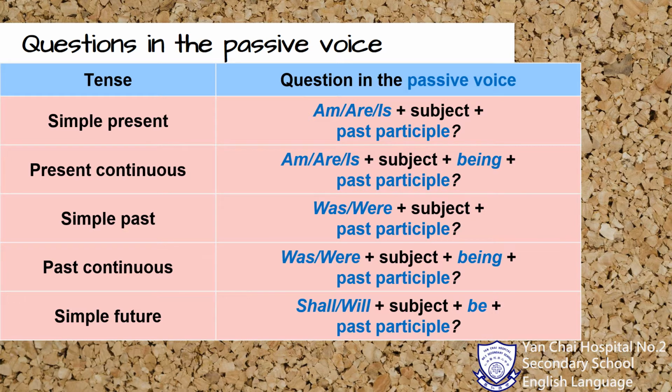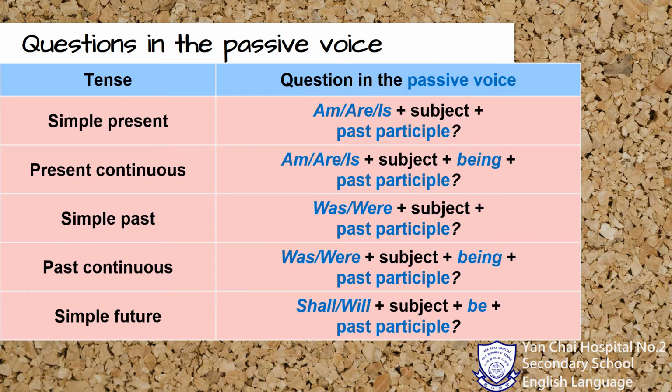For simple past tense, we have was or were plus the subject plus past participle. For past continuous tense, we have was or were plus subject plus being plus past participle. And for simple future tense, we have shall or will plus the subject plus be and past participle.